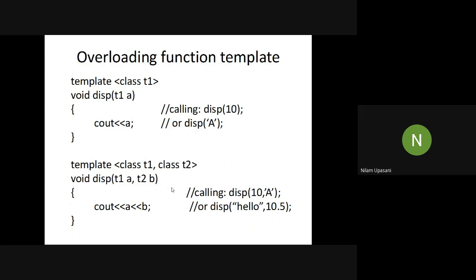So how to call this display function? Whenever there is a call for a display function with two input arguments, say here I am using a combination of integer and char. So T1 is integer now, T2 is char. Second display function call is with character array and float. So T1 is replaced as character array and T2 will be replaced with float.